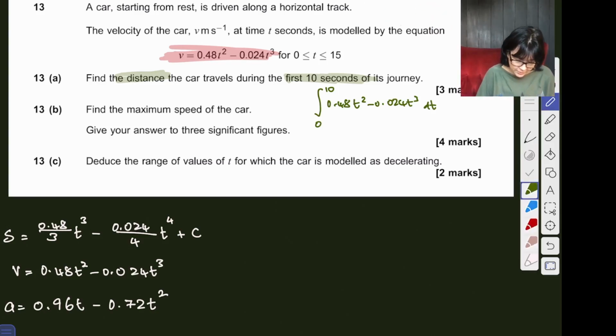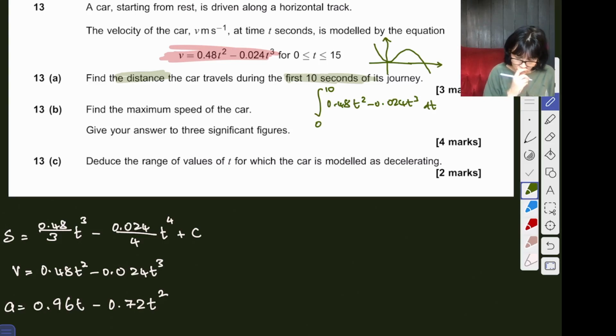So let's look at the velocity. It is a negative cubic, the velocity. So it's going like that. It's got a double root at t is 0, because it's got a common factor of t squared. If you look at that v, I can pull out a t squared. That means it's got a double root at 0. So either that's where the double root is, or the maximum point is where the double root is.